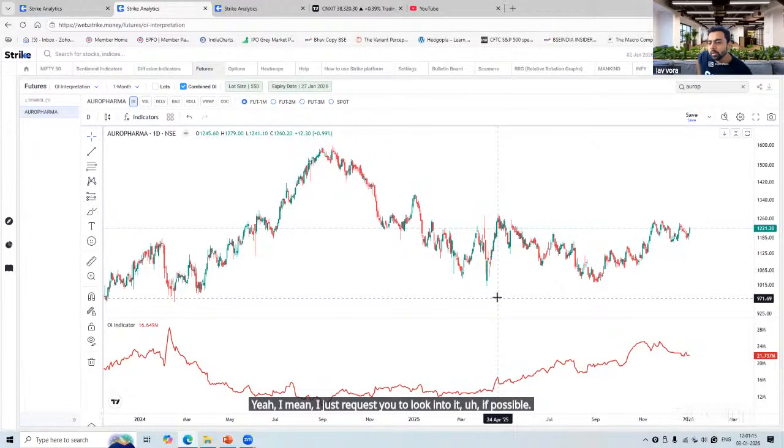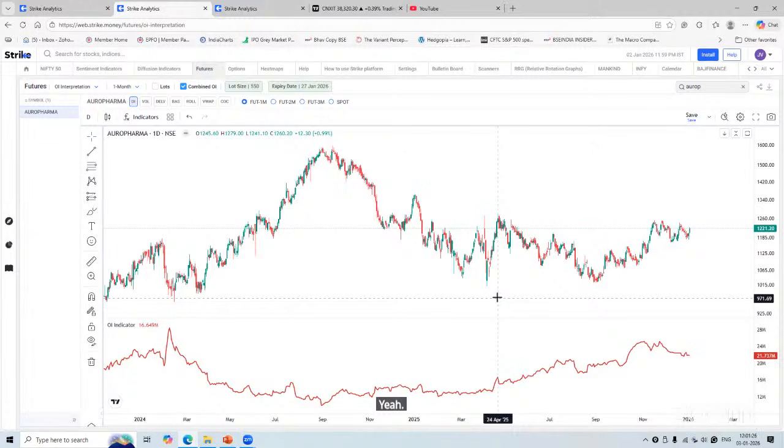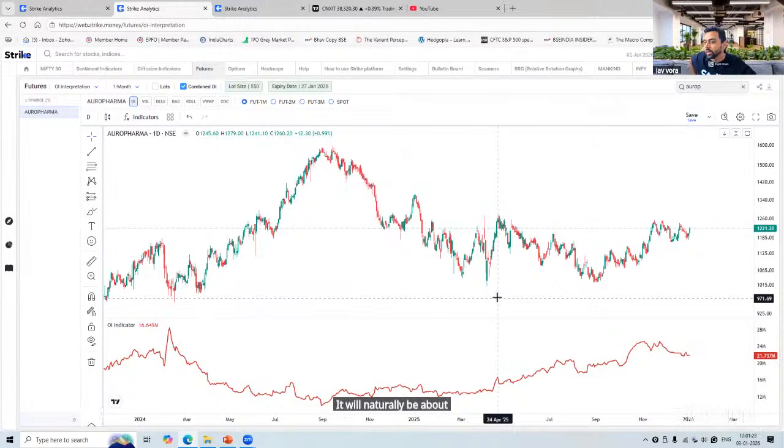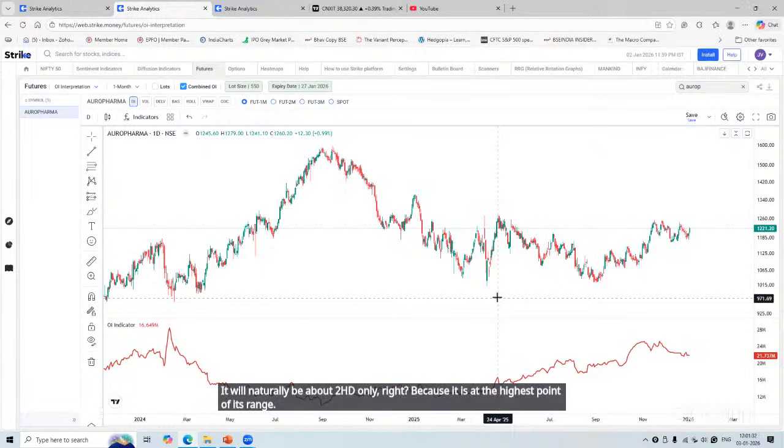No, but tell me one thing. Bollinger Band serves that purpose, right? Because please understand, if a stock is going into a bull market, it will naturally be about 2 SD only, because it is at the highest point of its range. That gives a wrong perspective, no?